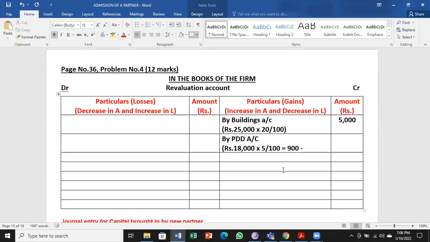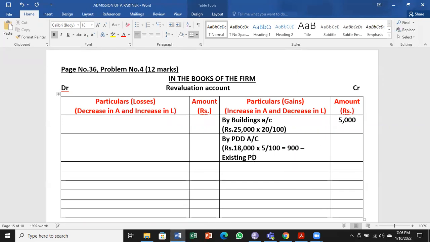Minus existing PDD, 1,000 rupees. So PDD is reduced. If PDD increases, it will be on the debit side. So you may get an adjustment for increase also. So 5% is the value that should be shown in the balance sheet.